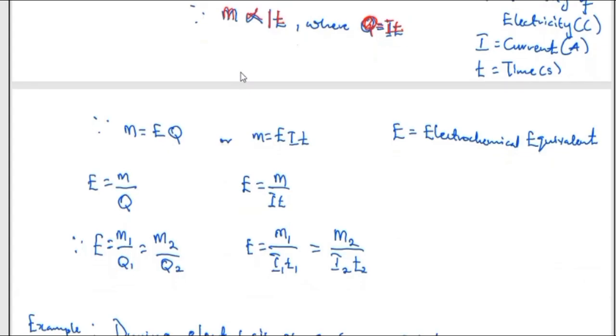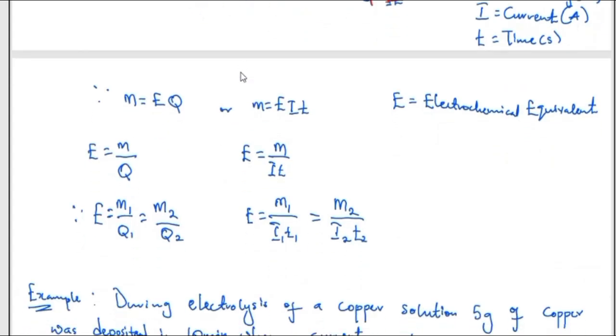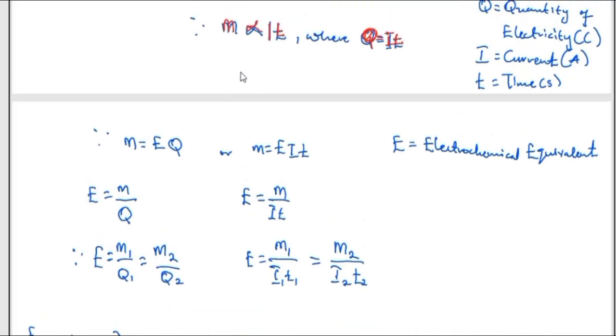Okay. So what does that mean when we encounter an equation? When you remove the sign of proportionality, which we call the sign of proportionality, and put a constant, you now have M is equal to EQ, or M is equal to EIT, because I told you that Q is equal to IT.